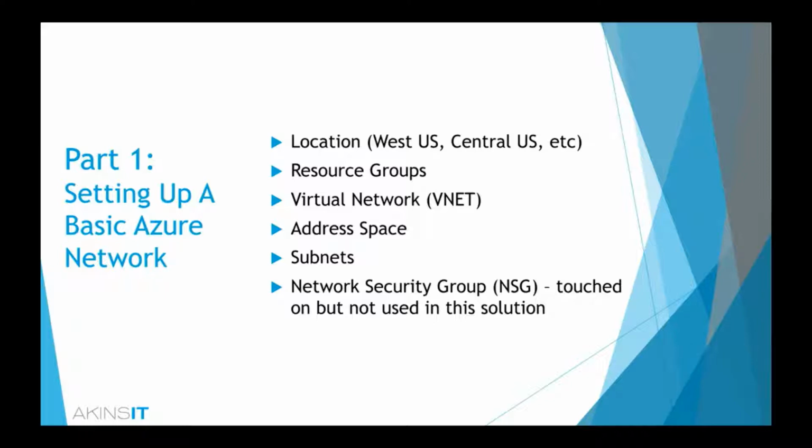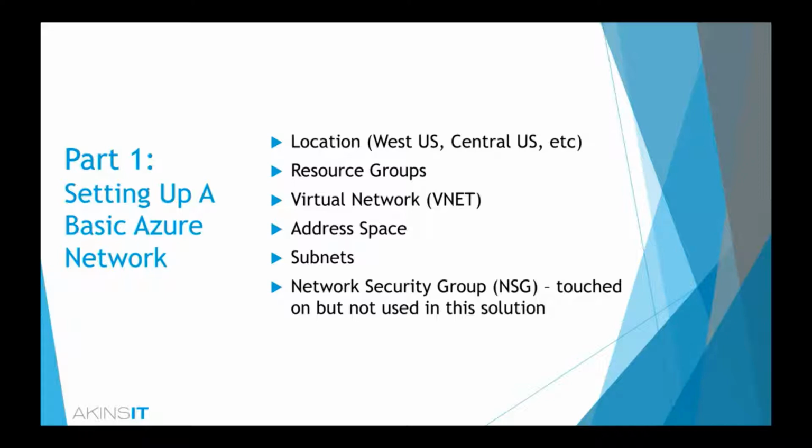Virtual networks, address spaces, subnets, this is all a part of the network within Azure, and it will look very similar to your typical on-prem. The difference is that we're not going to be dealing with things like VLANs, right? And then last here would be network security groups.